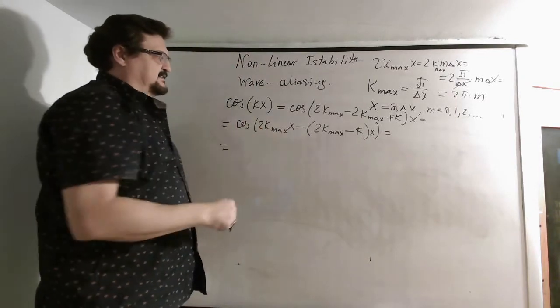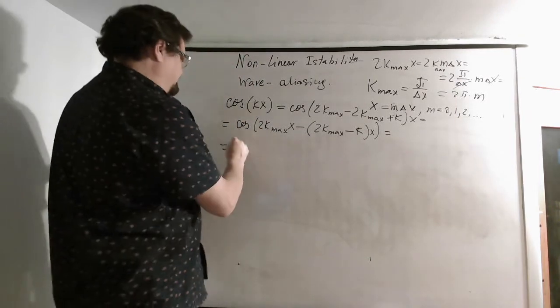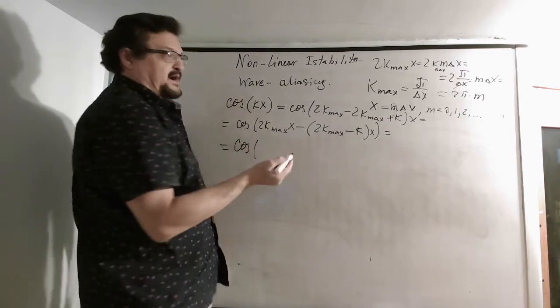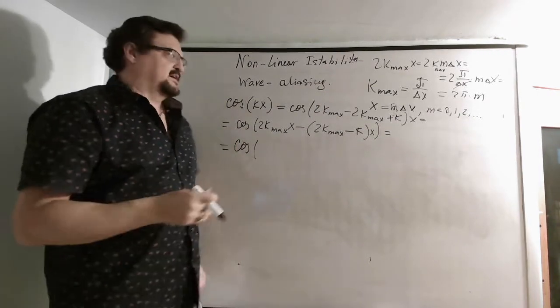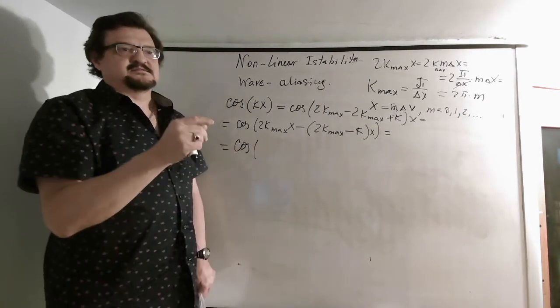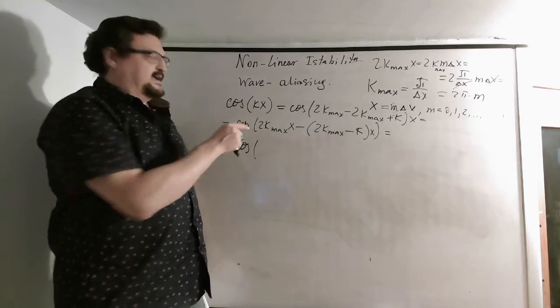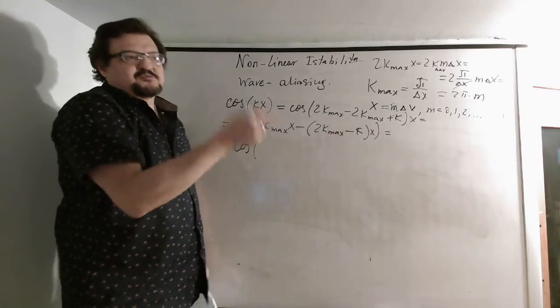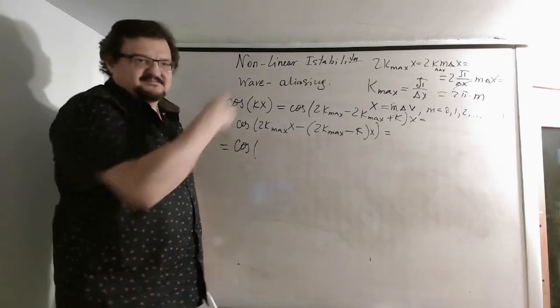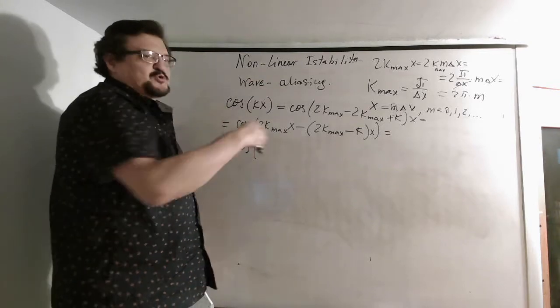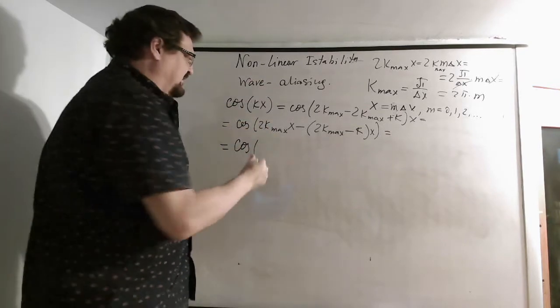So this is just 2 pi times m, the same as an integer number of 2 pi. You know that if you add 2 pi to any angle for cosine, it's going to be the same cosine, right? You just make a full circle. If you do it 5 times, it's still the same thing.